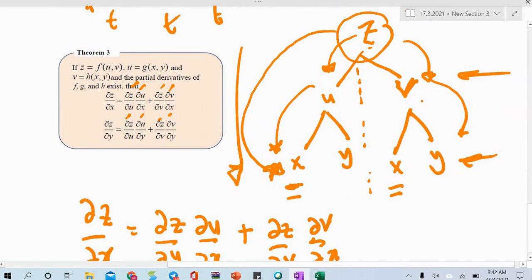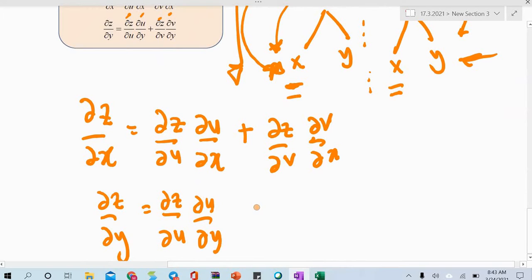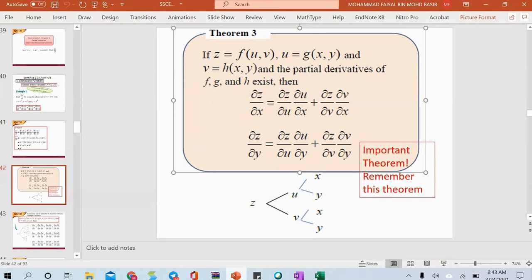So if we have 3, you have to plus again. Then del Z del Y: del Z del U, del U del Y, plus del Z del V, del V del Y. It's the same. You just have to know the concept. Some books start from left and right.